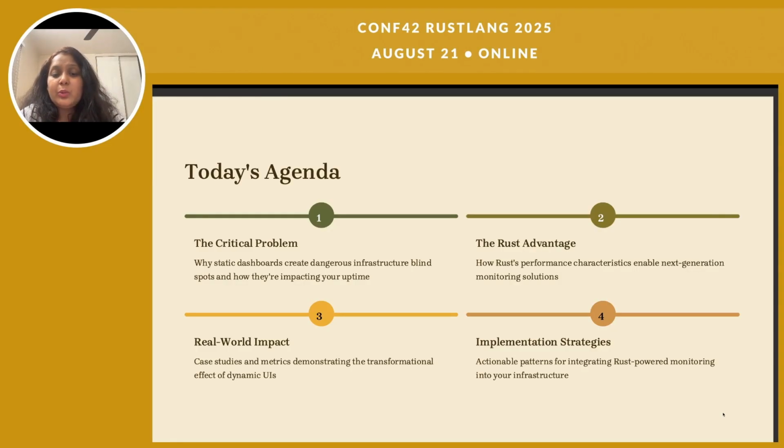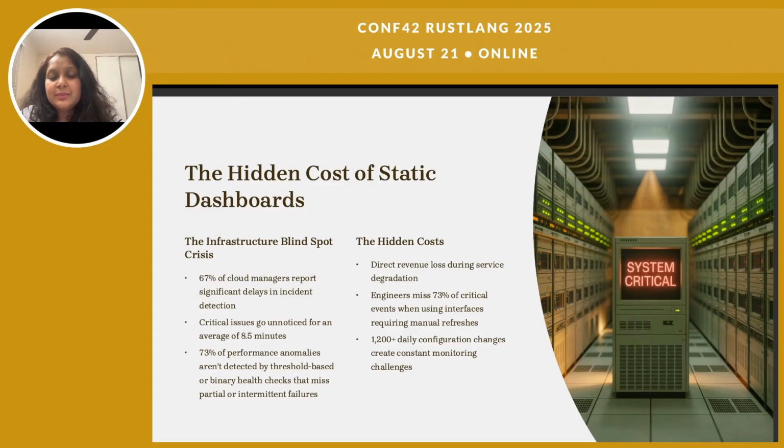Then I'll explain why Rust, with its concurrency model and determinism, is ideal for real time telemetry processing. We'll also explore some real world results, including a large scale case, and we'll end with a phased roadmap for the adoption. So let's begin with the hidden cost of using static dashboards.